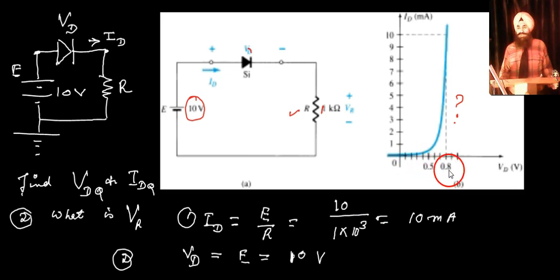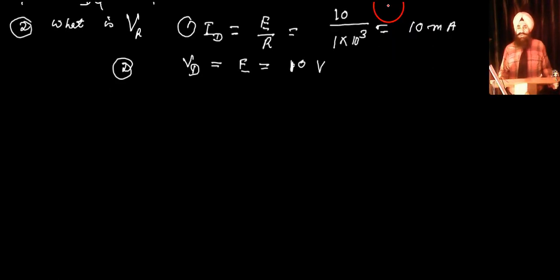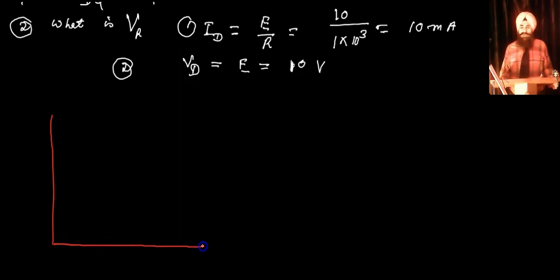Now we cannot use this scale because it is only up to 0.5, 0.8, 0.9 volt. We need 10 volt here. So I'm going to redraw the characteristics curve. This is the scale now along the x-axis.